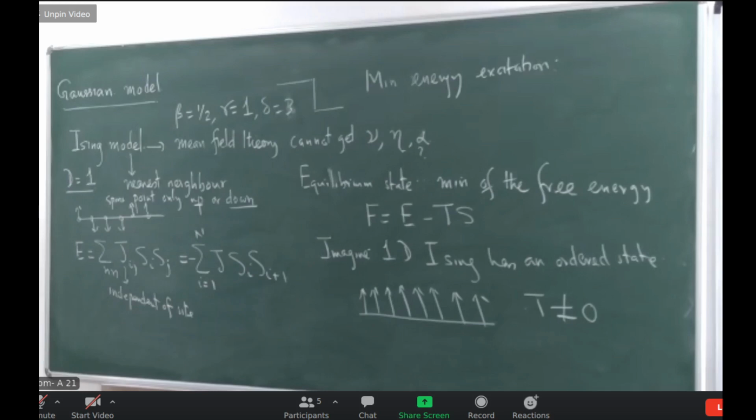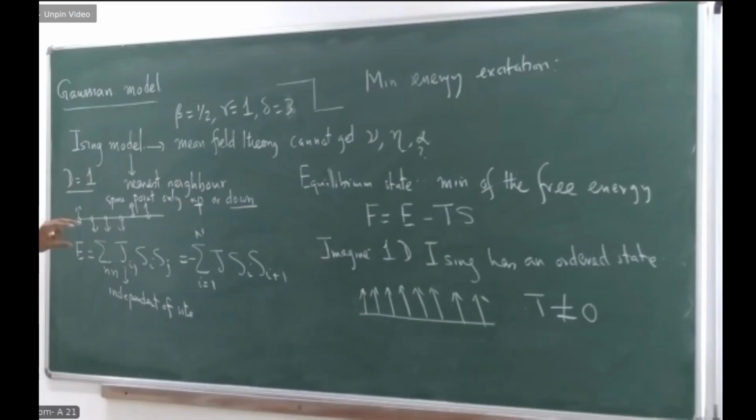The question is that I want to disturb this ordered state in such a manner that the excitation energy is the lowest possible. The energy is this expression over here, mind you. I want to disturb this ordered state so the energy cost is minimum.